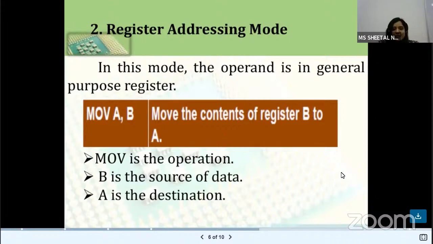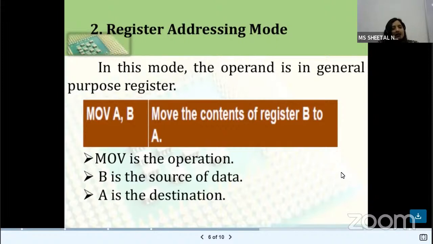In 8085 microprocessor, we have various registers, and some general purpose registers like register B, C, D, E, H, and L. The HL register pair is also used as a memory pointer.